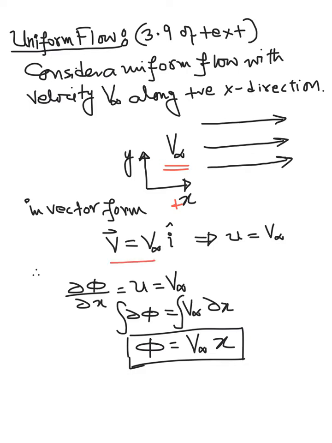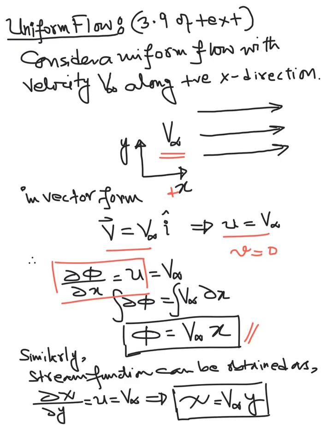From here the u component will be V infinity, and my v component is 0 because there is no normal velocity. Once I take this relation for my potential function, I can easily equate it with V infinity and subsequently obtain this relation for my potential function.